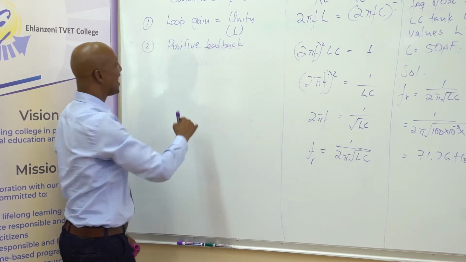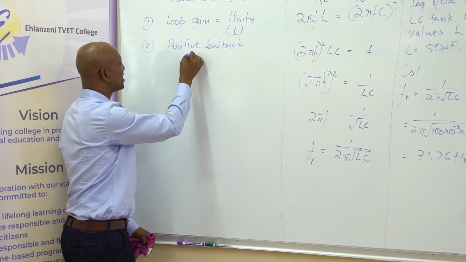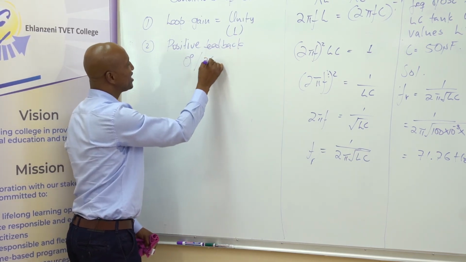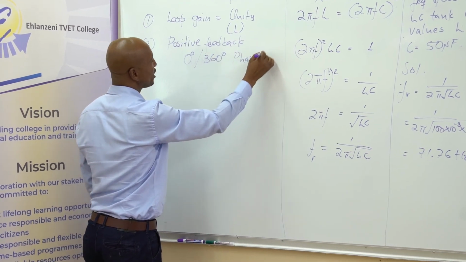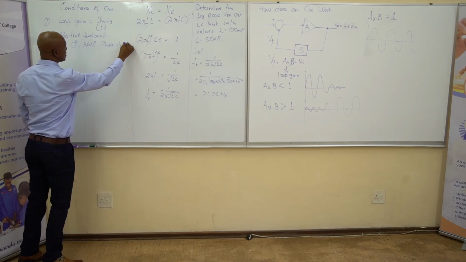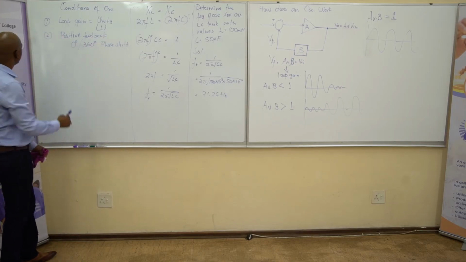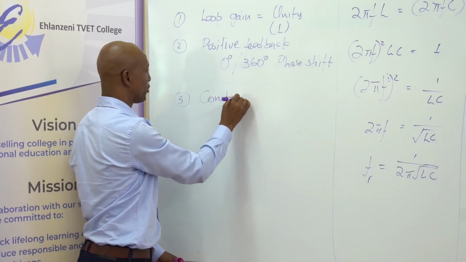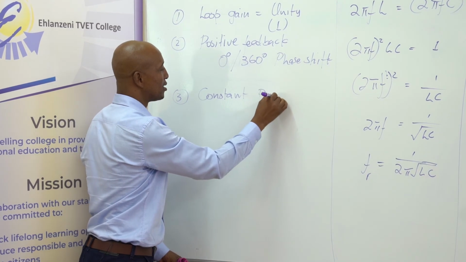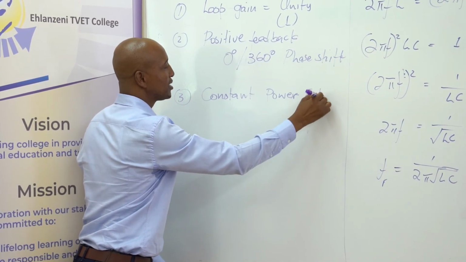That is to say, our signal of the output and the input shall have a 0 degrees, or 360 degrees, phase shift. That's positive feedback. And thirdly, obviously, we need a constant power supply.